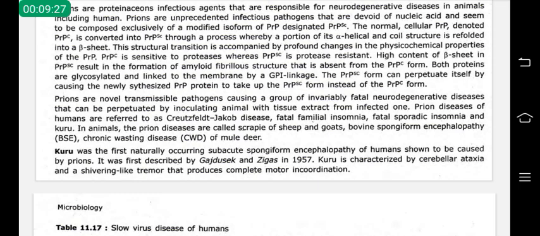Kuru is the most naturally occurring subacute spongiform encephalopathy of humans, shown to be caused by prions. It was first described by the scientist Zigas in 1957. This disease is characterized by cerebellar ataxia and a shivering-like tremor that produces complete motor incoordination.